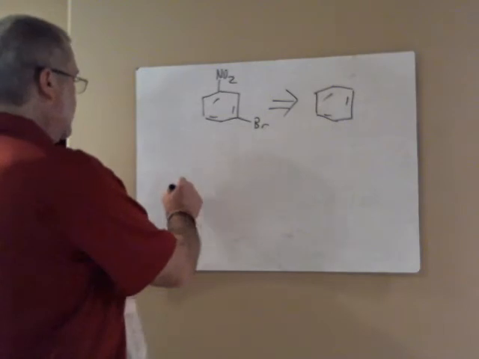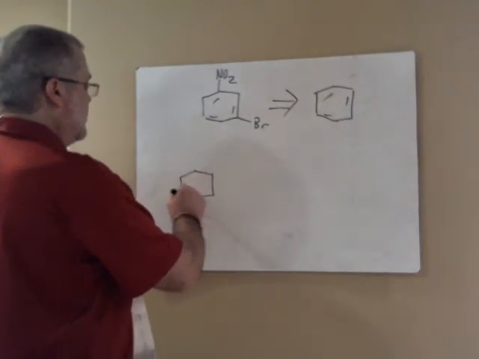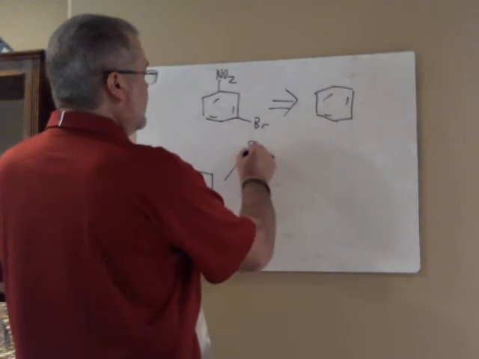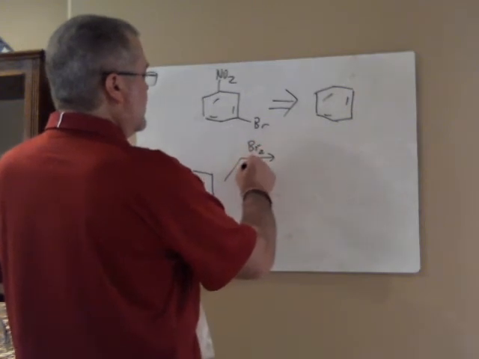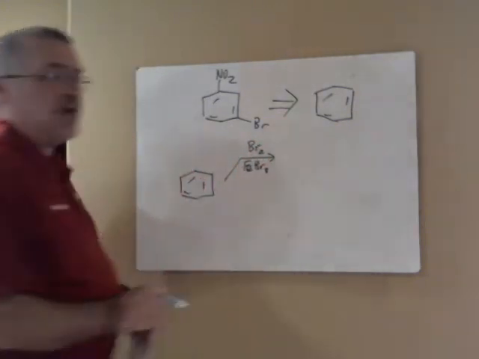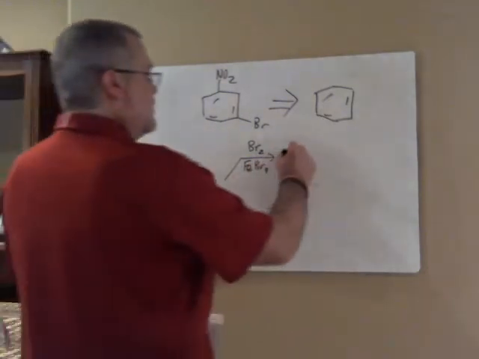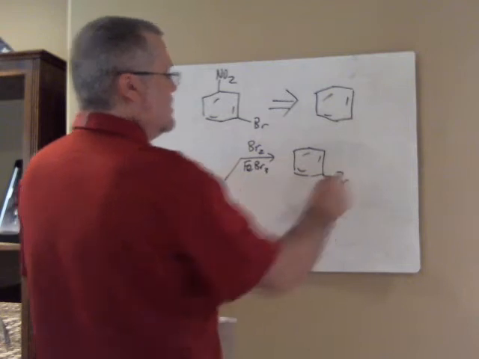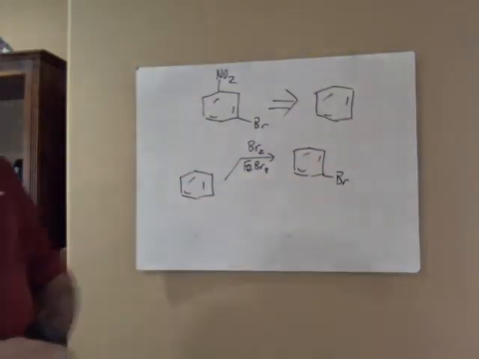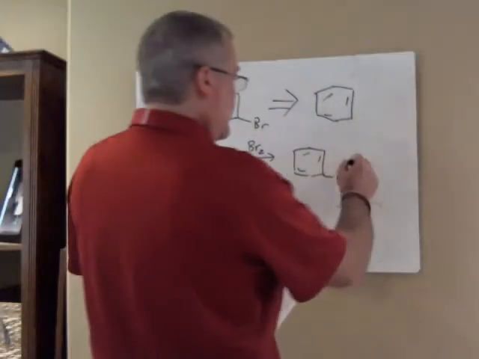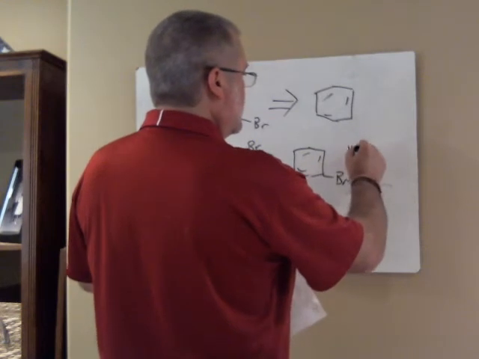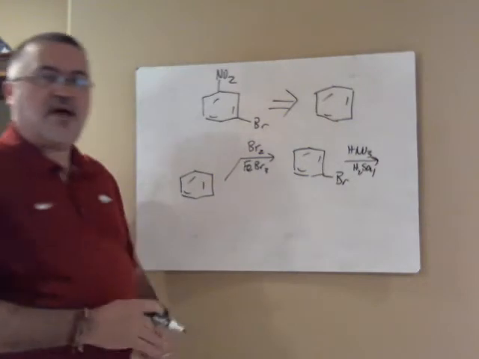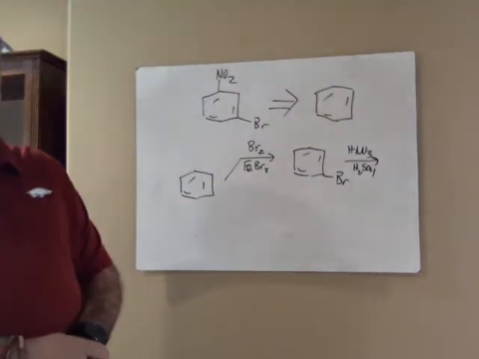And so, for example, if we started here with benzene, there are two ways I could do this. The first is I could substitute in the bromine, and that would give me bromobenzene, where I substituted the bromine. Okay, and then if I tried to then follow that with nitration, where would that bromine direct the nitration?